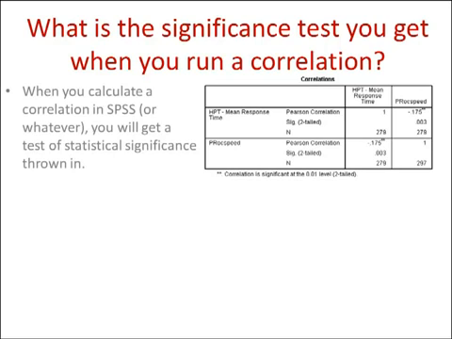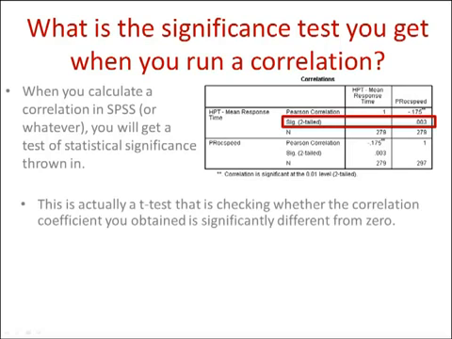So this is an SPSS output for you, where that's the correlation coefficient there, here is the p-value from the significance test, and that's the number of people who've been tested. The actual significance test is technically a t-test, and all it's doing is testing whether the correlation coefficient you've obtained is significantly different from 0.